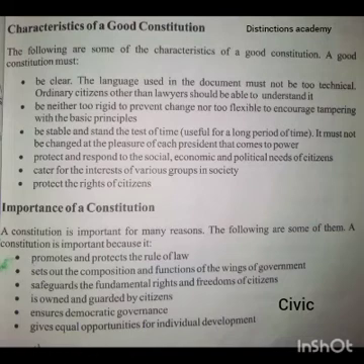The judiciary is responsible for enforcing the law, the legislature is responsible for making the law, and the executive is responsible for carrying out the law.